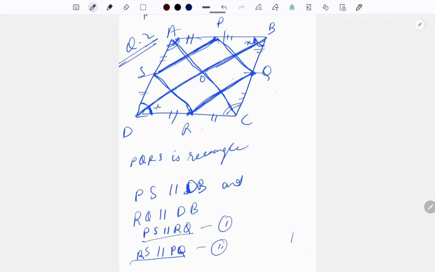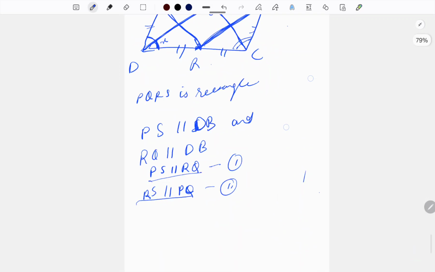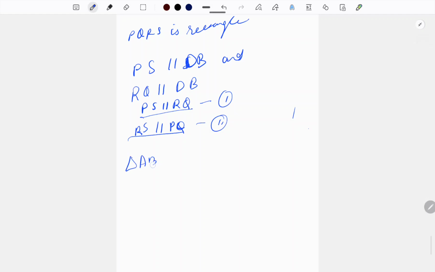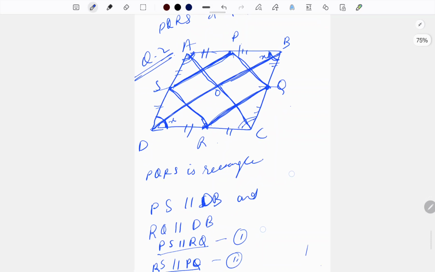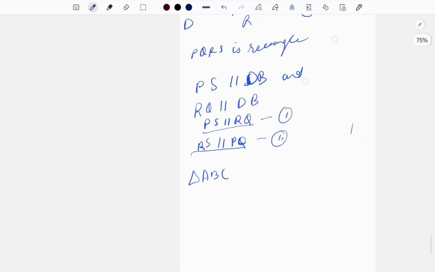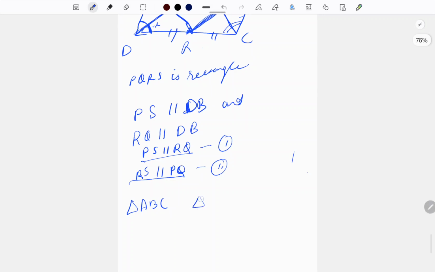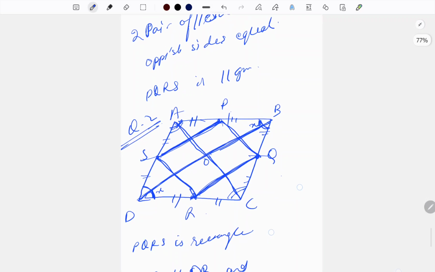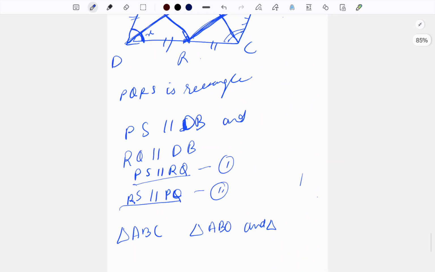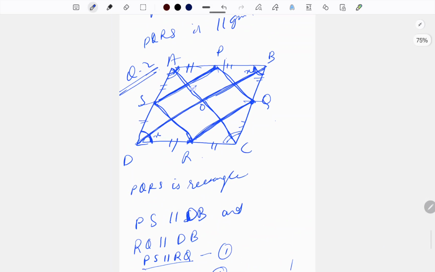So in triangle ABO and triangle CBO, which are two triangles, here AO will be equal to OC. These sides will also be equal.